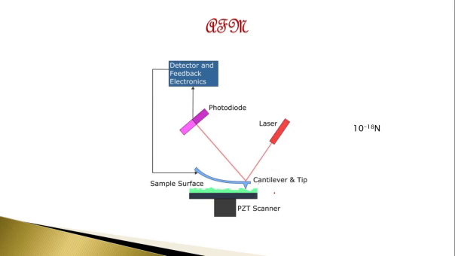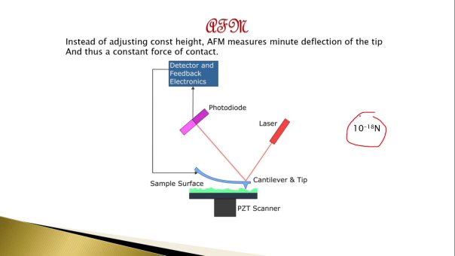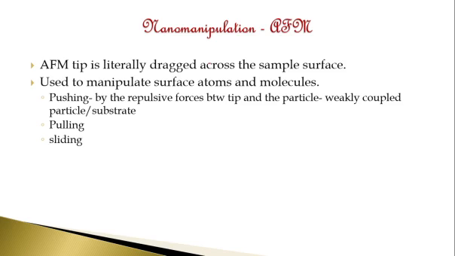In the atomic force microscope, you are measuring the force of interaction between the surface and the tip, and you could measure up to 10 raised to minus 18 Newton force. So instead of adjusting the constant height, the atomic force microscope measures minute deflection at the tip, and thus a constant force of contact is kept.